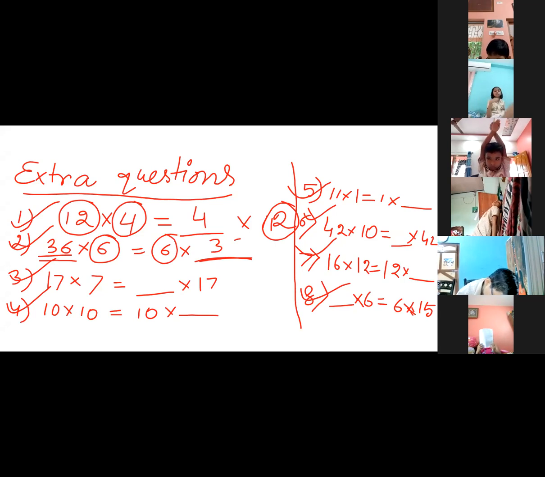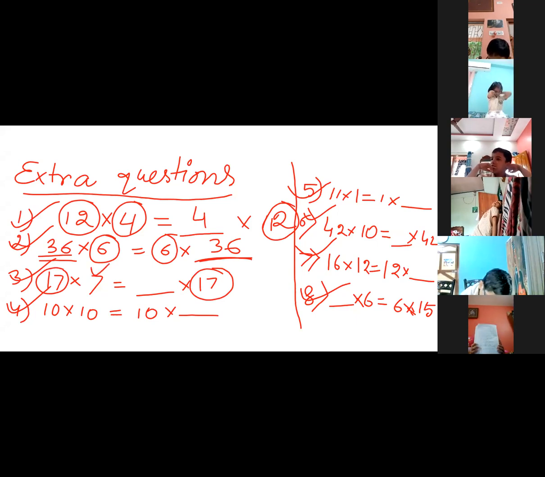So it should be 36. That order property. Here look, 17 is there, 7 is there, but here 7 is not there. So 7. 10 into 10, both numbers are the same, so it will be 10.